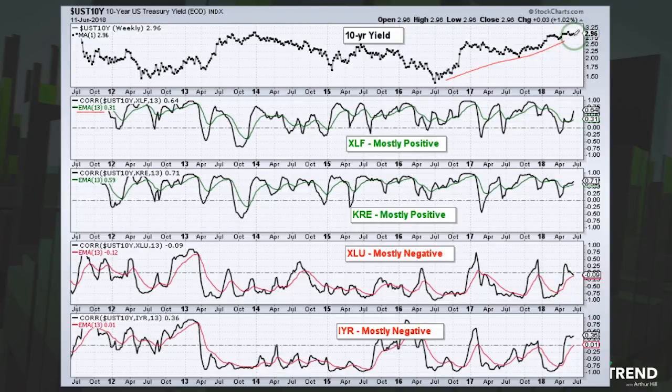That's why if Treasury yields turn down and break that 2.7% level, that could be negative for banks because they move in the same direction as Treasury yields, and it could be positive for utilities because they move in the opposite direction. So that's why this week we need to watch Treasury yields.